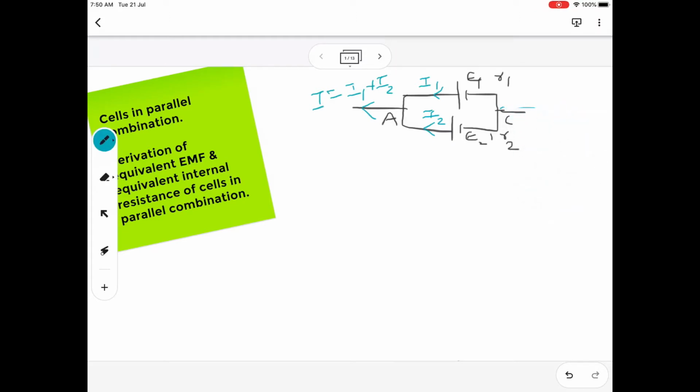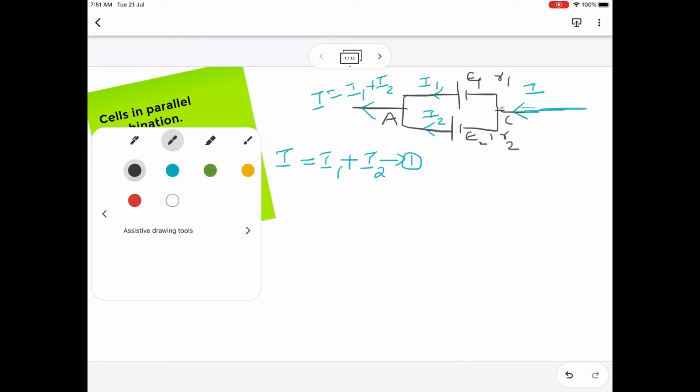So net current I here is marked as I1 plus I2. The current approaching the junction C must also be I, which is I1 plus I2, so that it can be split into I1 and I2 to pass through cell number 1 and 2 respectively. So let's begin with that equation.